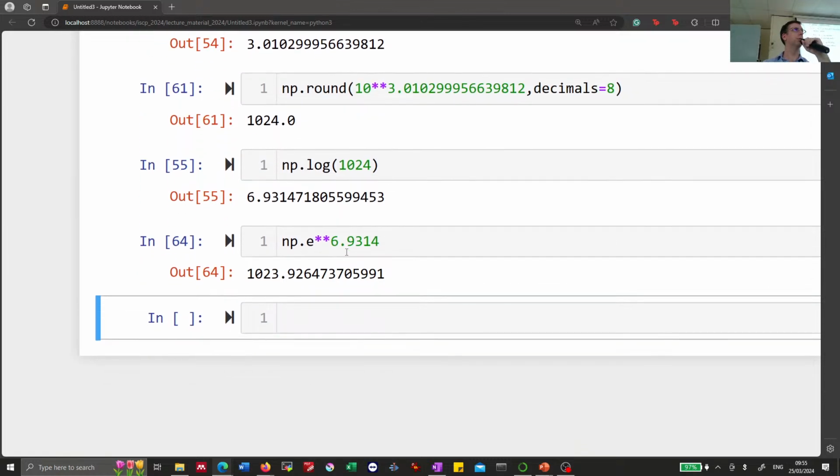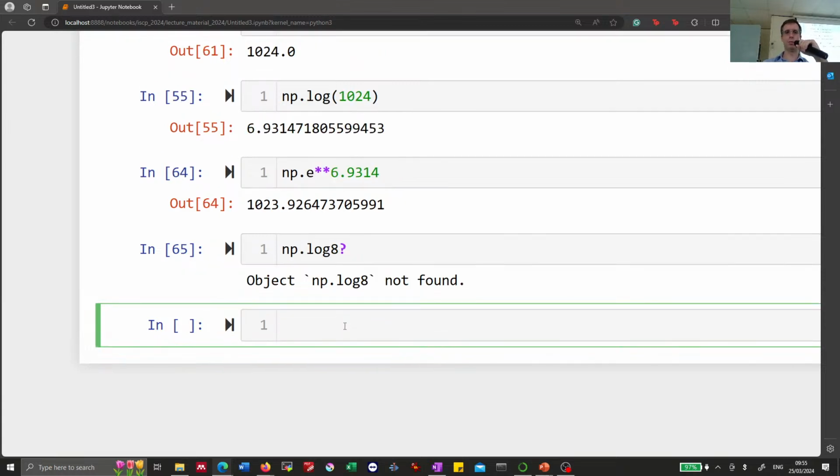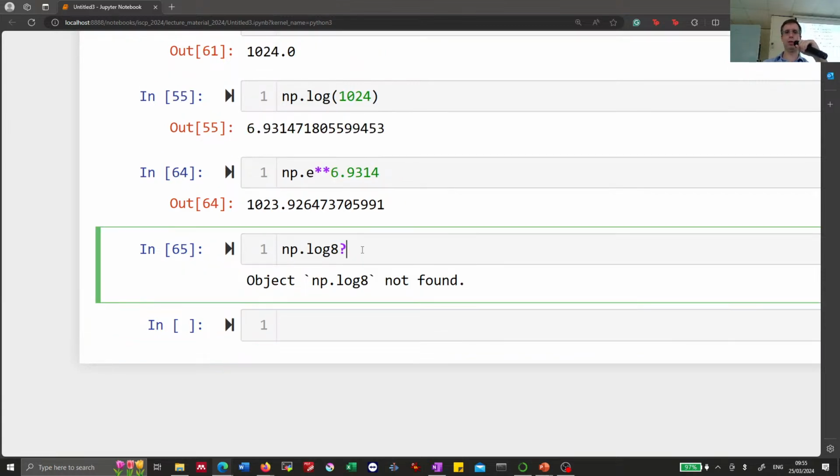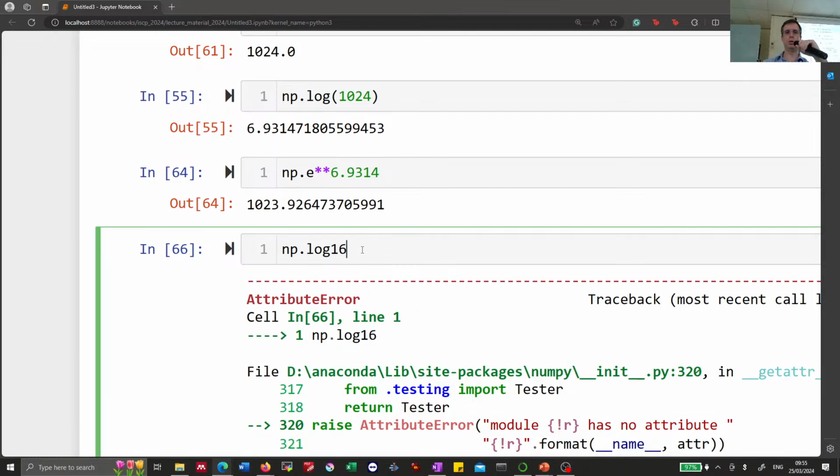So far, so good. So you have 3 different logarithmic functions seen today. I think there are more. There should be a log 8 function as well. Log 8 is also important for different reasons. See, is there? Not found, right? And 16, also not found.